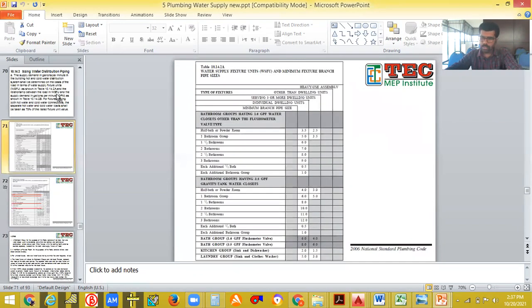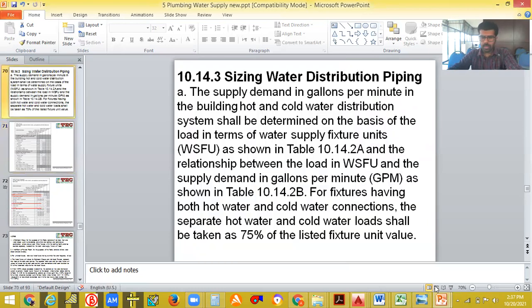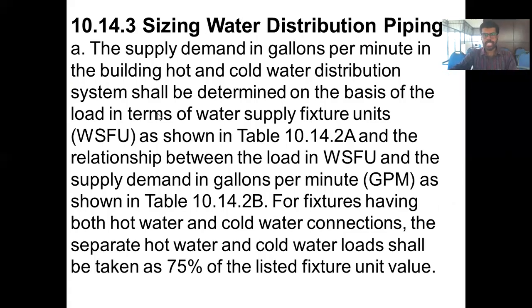We are dealing with this side. So WSFU, sizing of water distribution pipe. So the first one is the WSFU method. Okay.